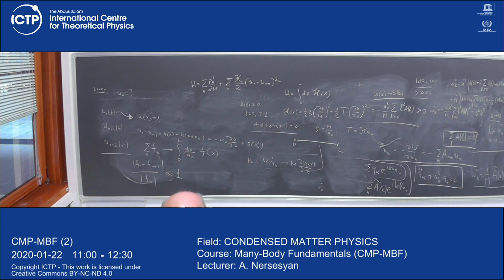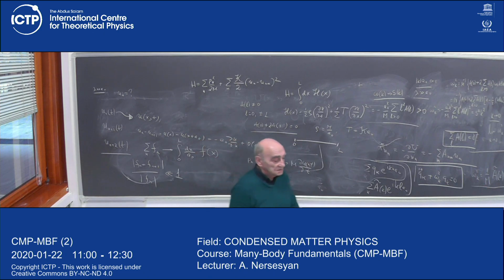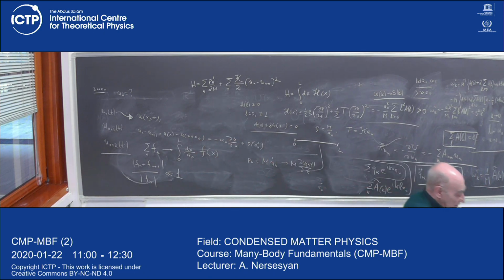It described a set of points, a set of coordinates, a set of atoms. These are discrete entities with some interaction between the atoms. In the end of the day, you forgot all this, and what you're left with is an elastic string.